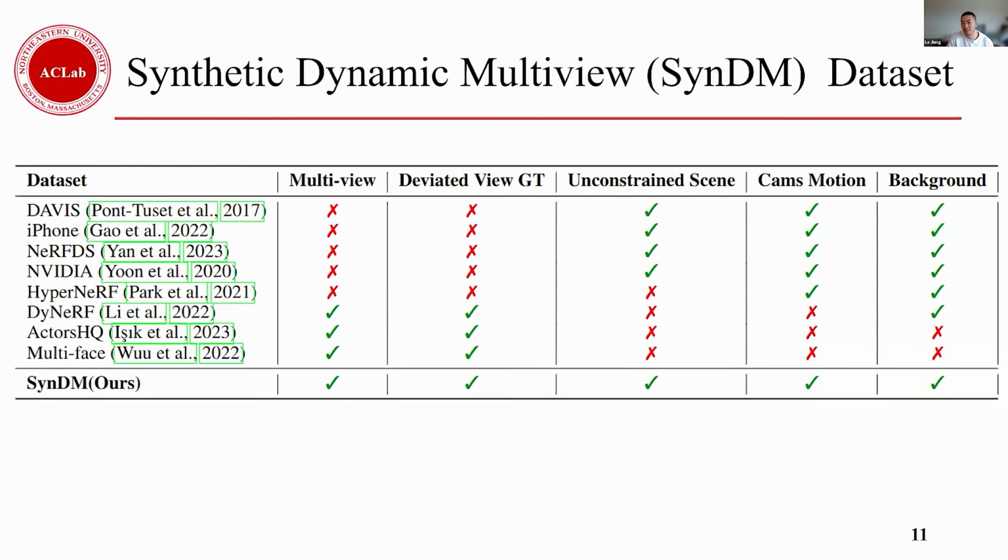This table compares the key attributes across the popular datasets for dynamic 3D reconstruction. For ours, we need to use COLMAP to do the pose estimation and to align all of the cameras in one space.